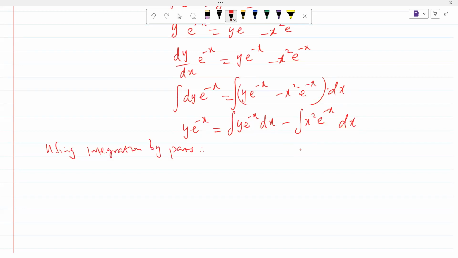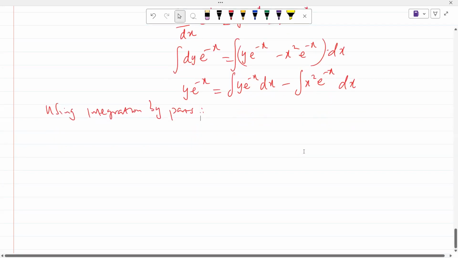For the analytical solution part, it's significant to show that using integration by parts, y e to the minus x becomes x squared e to the minus x plus 2x e to the minus x plus 2 e to the minus x.